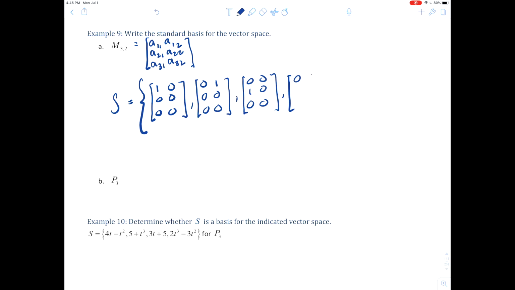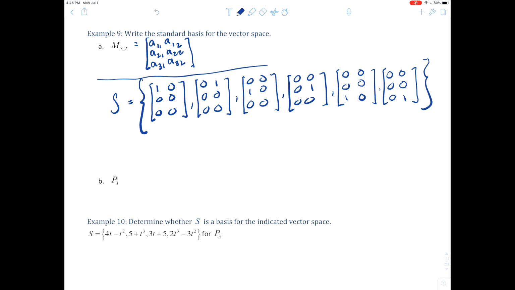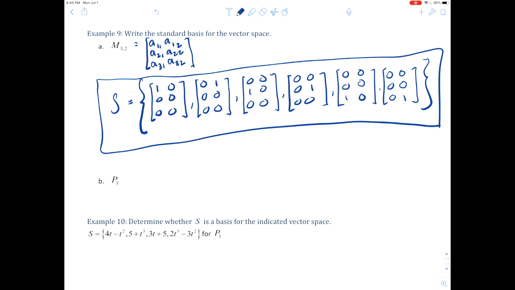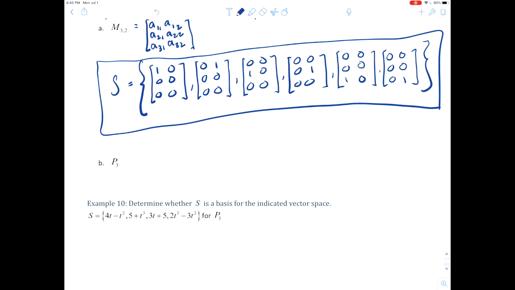And then 0, 0, 0, 1, 0, 0. 0, 0, 0, 0, 1, 0. And lastly, 0, 0, 0, 0, 0, 1. Cool? So this here is our standard basis for the set of all possible 3 by 2 matrices.